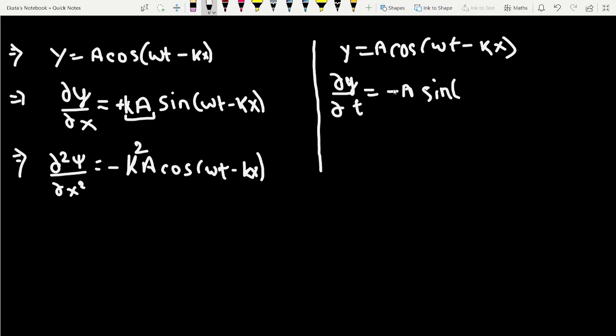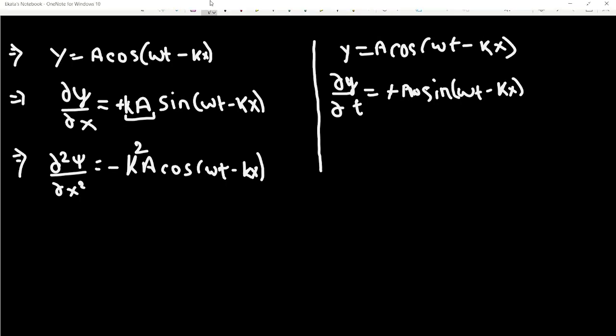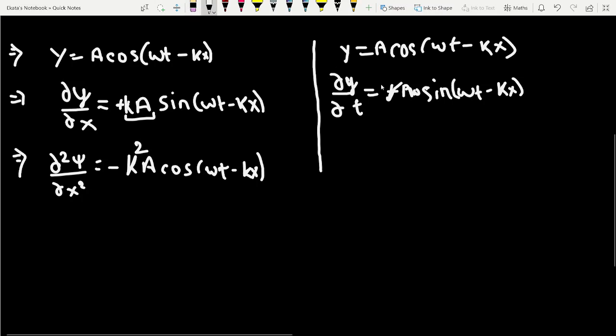Our final expression will become plus a omega, because there is minus and cos gives minus, and minus minus is plus, so a omega sine omega t minus kx. So here is omega. Let me write it in a clearer way.